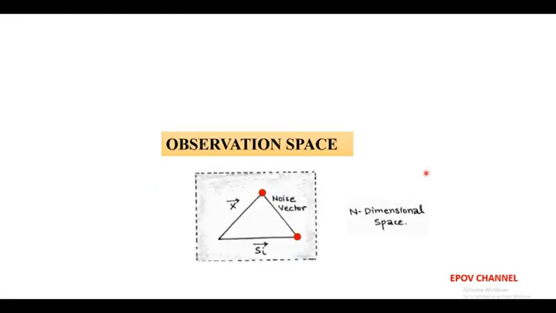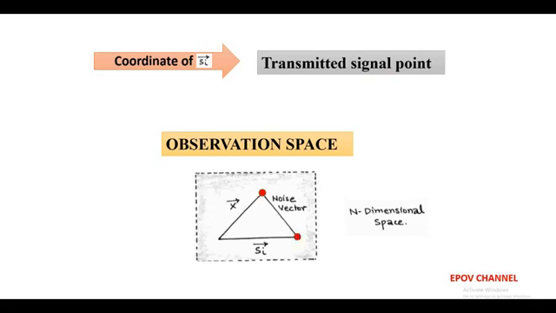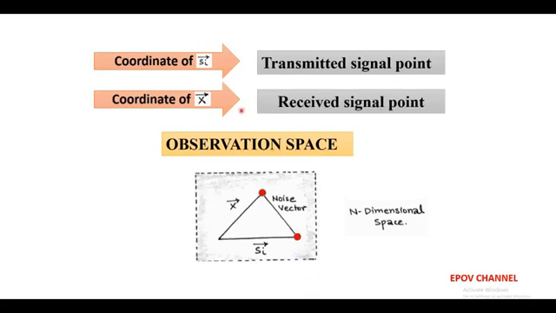Now we note a point. Here the coordinates of vector si are called the transmitted signal point. Similarly, the coordinates of random vector X are called the received signal point. Here, both coordinates are in n-dimensional Euclidean space or observation space.